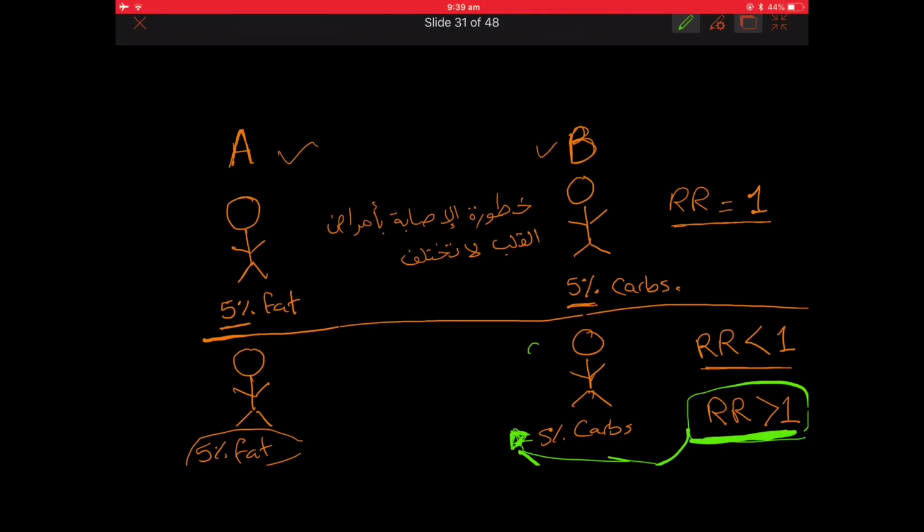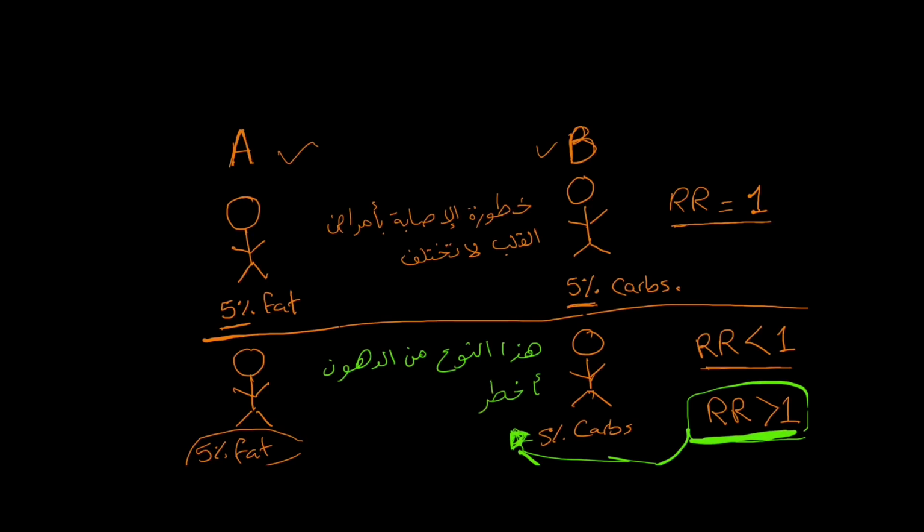So it means هذا النوع من الدهون أخطر من الكربوهيدرات. فأرجع أعيد، إذا كان 1 معناته ما في فرق، إذا كان أقل من 1 معناته إنه الفات في هذه الحالة أفضل من الكربوهيدرات، أو إذا كان أكبر من 1 معناته إن الفات أخطر من الكربوهيدرات.